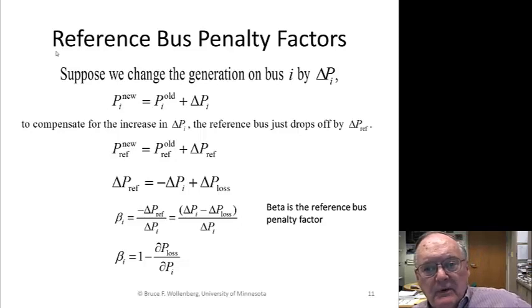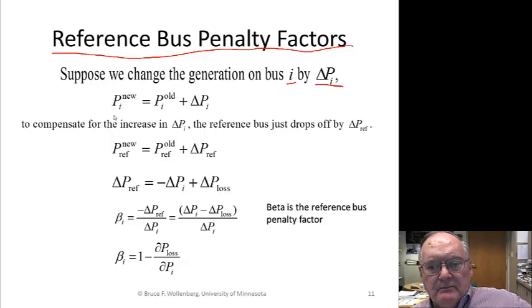I'm going to talk about something first. I want you to understand what we call the reference bus penalty factors, and then we'll show that we can derive them directly from the power flow. Suppose we change the generation on bus i by delta Pi. Then the new value of Pi is the old value plus the delta.